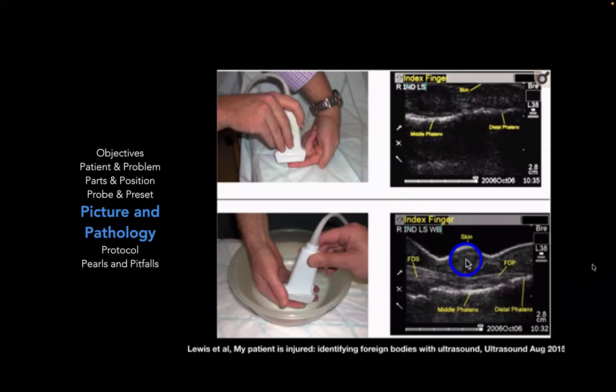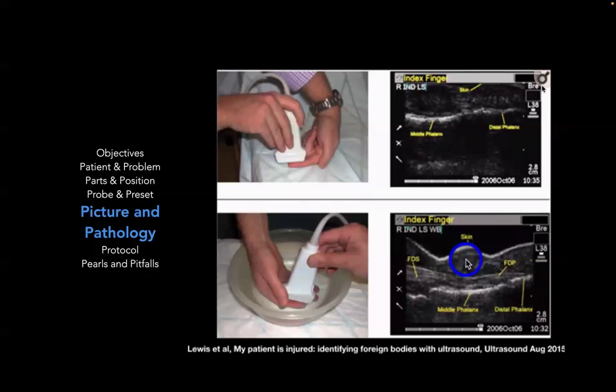There's something called the near field artifact, which means that when you're scanning something that's so close to the probe, for example, if you place the probe right on the skin surface and the finger is so tiny and the foreign body is just right on the surface, it's hard to really tell where it is.